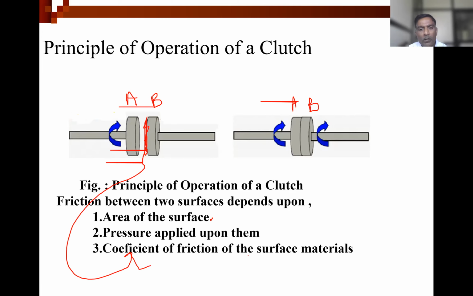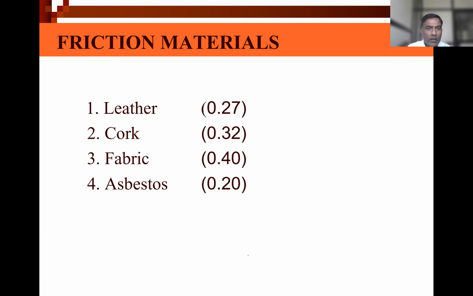Based on the value of coefficient of friction, different materials are used. Some of the friction materials and their coefficient of friction: leather has coefficient of friction 0.27.